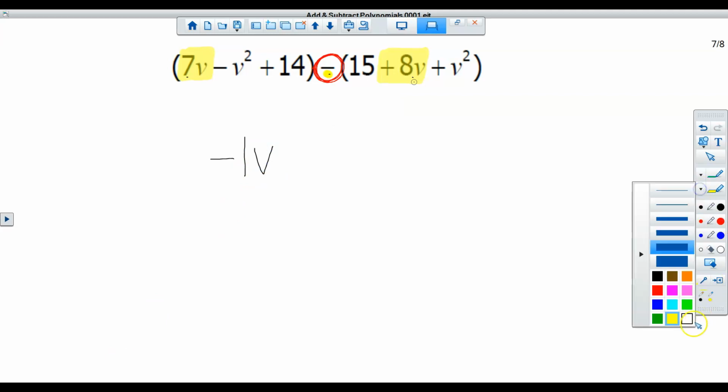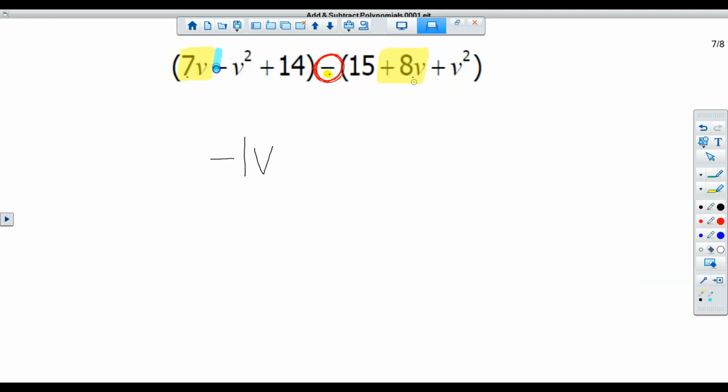Now, moving on, we have -v squared. That ends with v squared. So over here, I have positive v squared. Now, there are ones in front of both of those. A lot of you right now may be looking at that thinking, oh, those are going to cancel each other out. And if we were adding, they would.